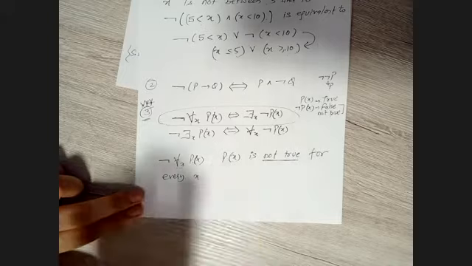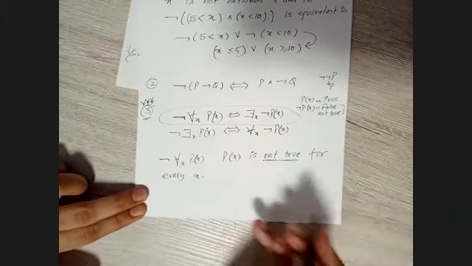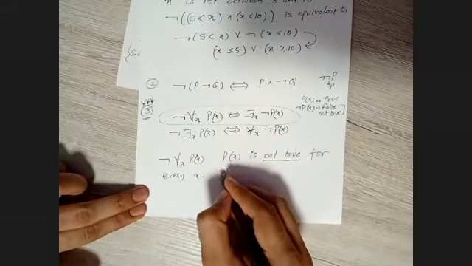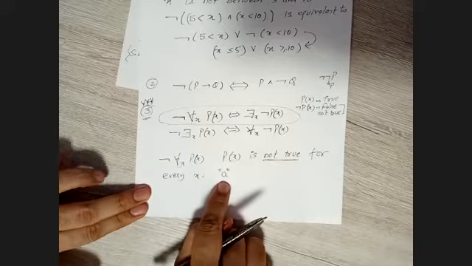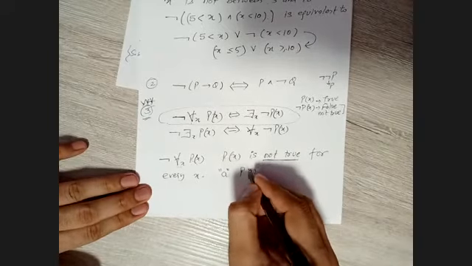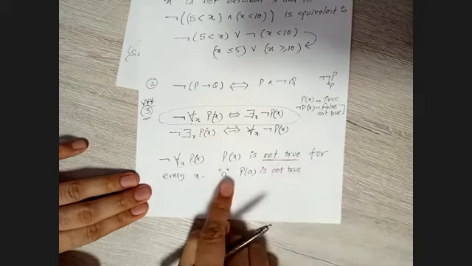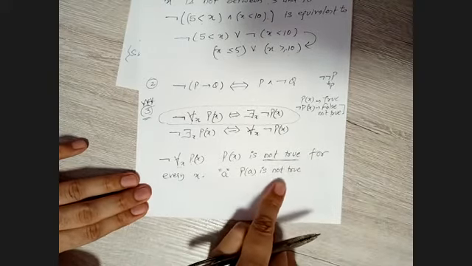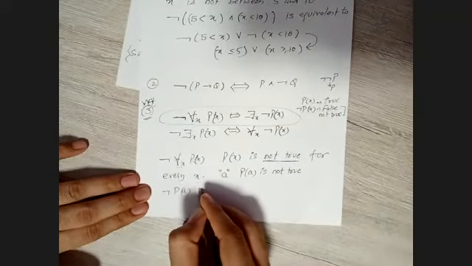I'll tell you. For example, to prove this statement, let's say I have some value A, and for this value A, P of A is not true. It means what? Negation of P of A is true.